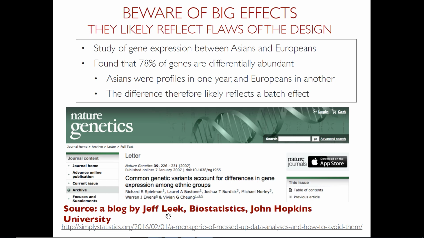So they went all the way to the raw CEL files to see the timestamp and realized that there was a 1 year difference between when they profiled the Asian samples and the European samples. No wonder things are different. These are probably true differences, but not for the reasons that we think. They were due to the difference in time of data collection. So of course, this is not true, and we don't want to do this type of thing.